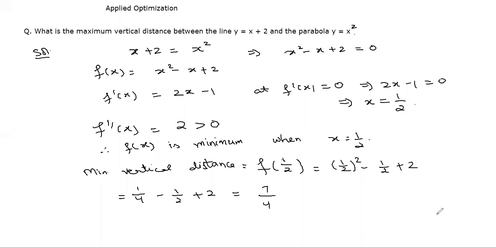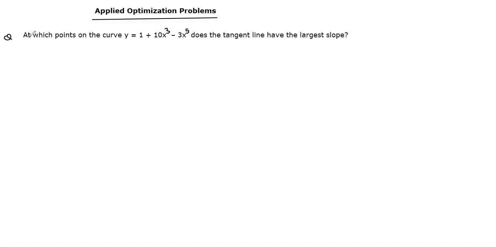Let's discuss another problem. The question is: at which point on the curve y equals 1 plus 10x cubed minus 3x raised to 5 does the tangent line have the largest slope? So the question is about maximizing the slope. First of all, find the slope of this curve.